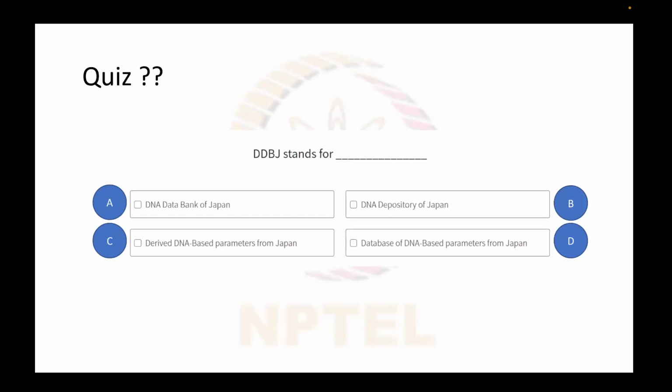Okay, everybody says DDBJ is DNA Data Bank of Japan.